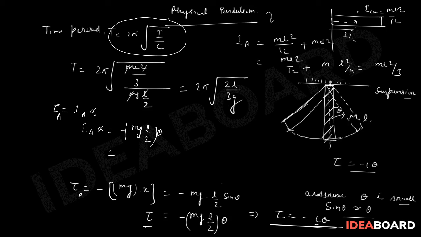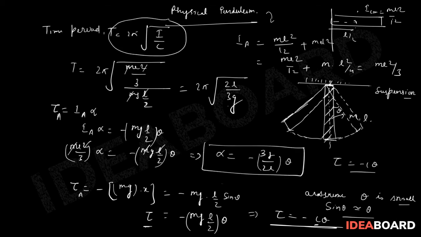Now we have already calculated IA, which is ml square by 3, into alpha, equal to minus mg L by 2 into theta, correct? So m is cancelled out, L and L cancelled out, so from here alpha can be obtained as minus 3g upon 2L into theta, correct?